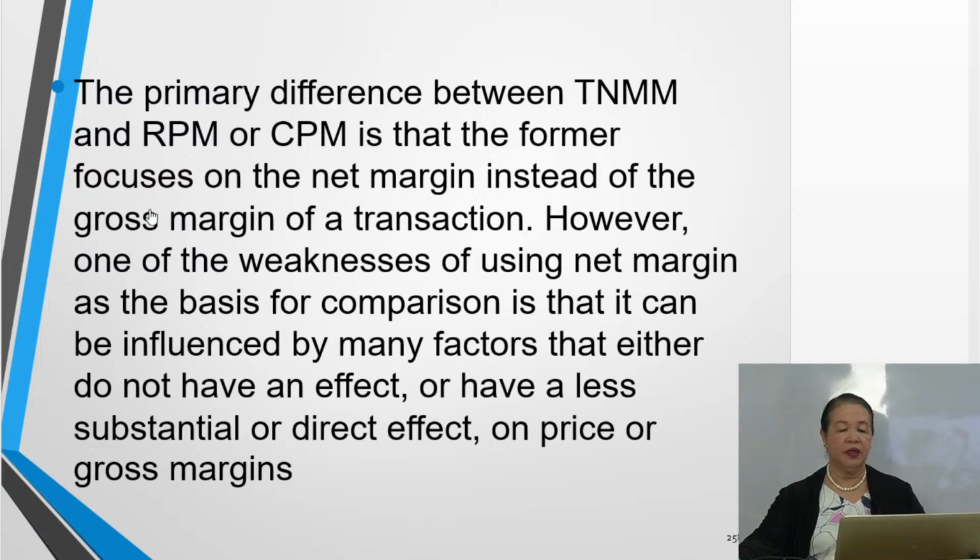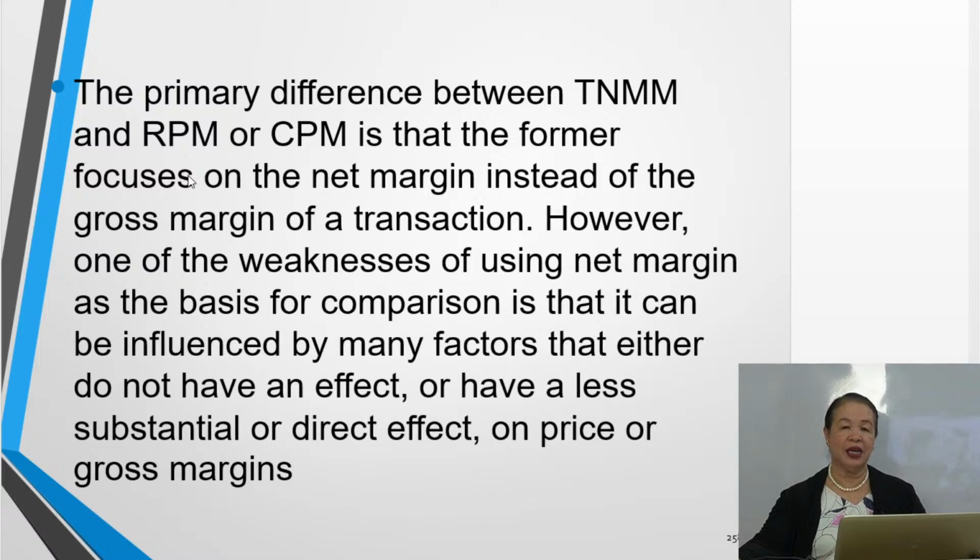One of the weaknesses of using net margin as the basis for comparison is that it can be influenced by many factors that either do not have an effect or have a less substantial or direct effect on price or margin. Bakit? Nasaan ba yung net margin? If you try to look at the income statement, nasaan ba yung net margin?